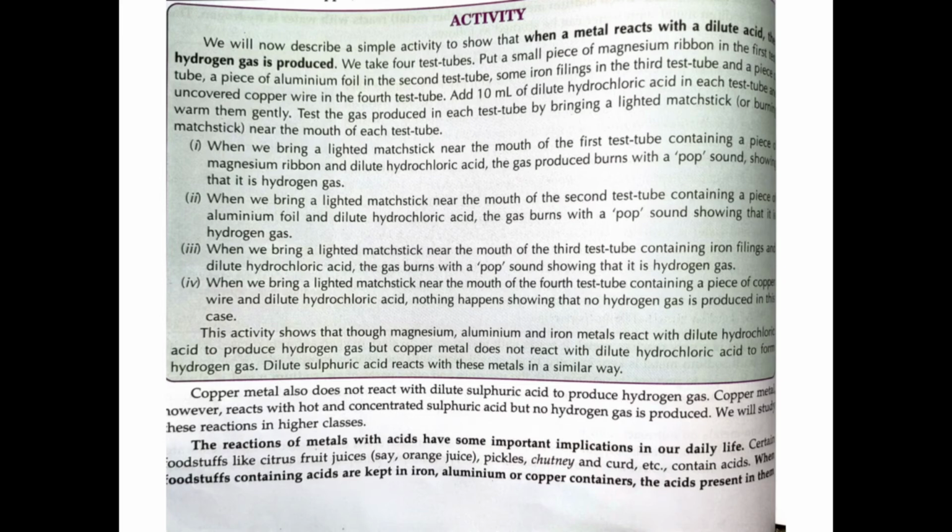Copper is less reactive and all others will react. In the first three cases we obtain hydrogen gas, in the fourth there is no hydrogen gas. How can we identify hydrogen gas? When the reaction starts, we bring a lighted candle, and in the first three test tubes we hear a pop sound, but in the fourth there is no pop sound, because the reaction is not taking place, or we can say it is unreactive.